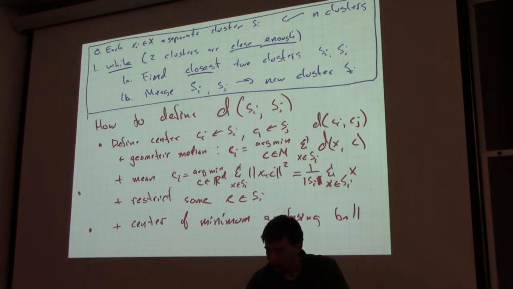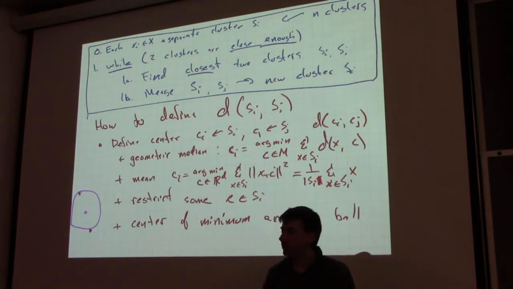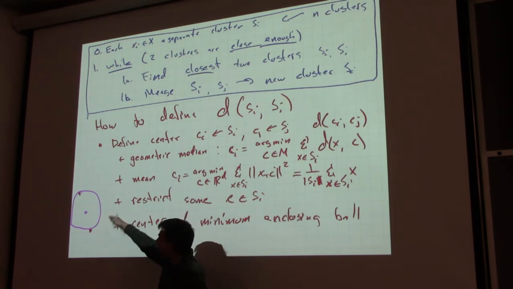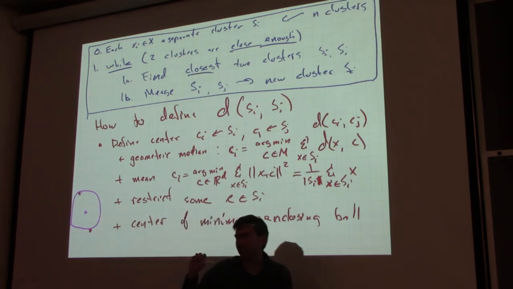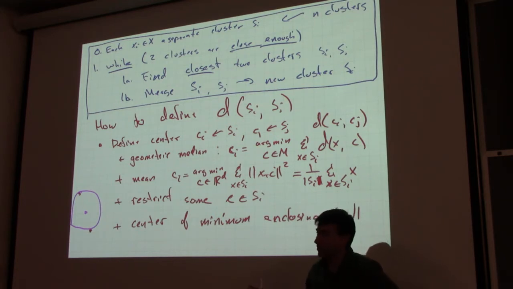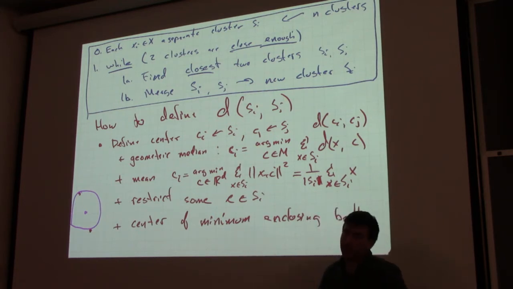The center of the smallest enclosing ball is right here. For most cases there are 3 points that define it, but I can always define it with 2 or fewer points. The same holds in general: in D dimensions, D plus 1 points is enough, but I can define the center with fewer than that.